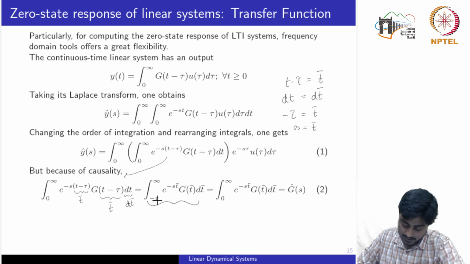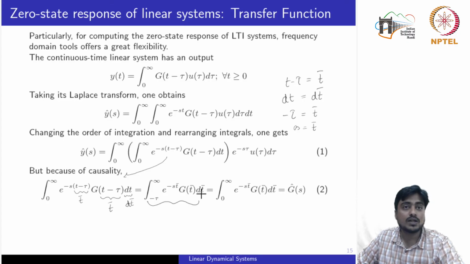So this limit from 0 to infinity would change to minus tau to infinity if we are doing this integral over t bar. Now since we know that our system is causal, we cannot have this lower limit below 0. So it has to start from 0, otherwise the system would not be causal. So we start with 0 to infinity.